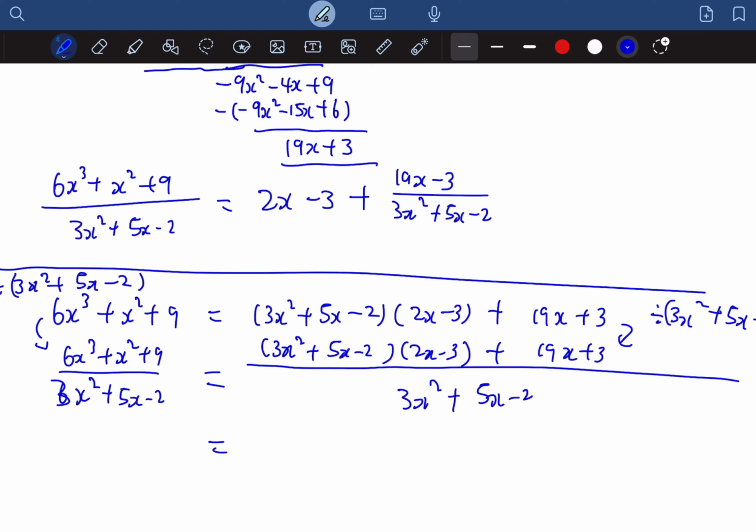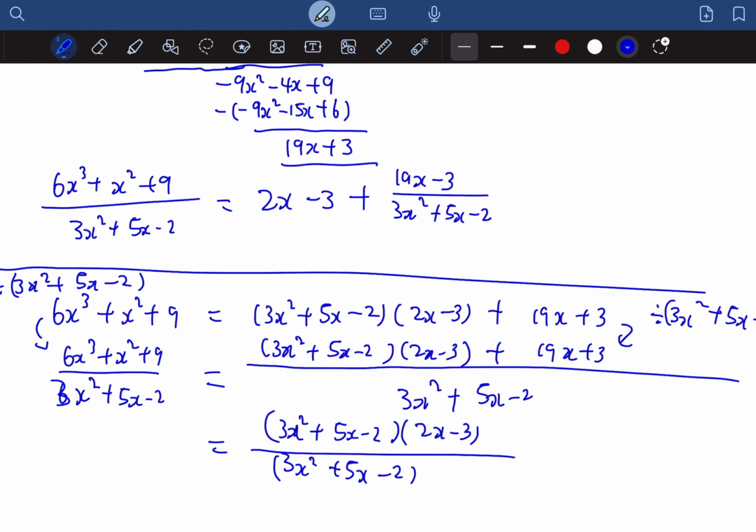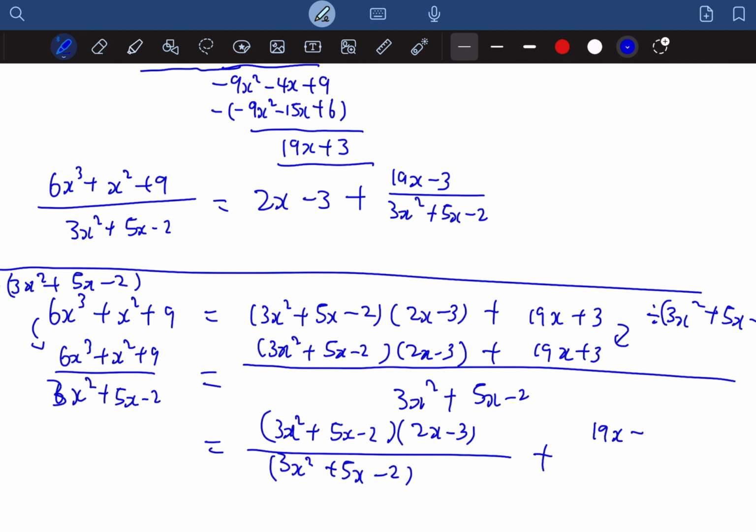Then over here, my right hand side, I'll have (3x squared plus 5x minus 2)(2x minus 3) over 3x squared plus 5x minus 2, and I have 19x plus, yes, sorry, plus, my bad, here's plus, okay, plus 3 over 3x squared plus 5x minus 2.